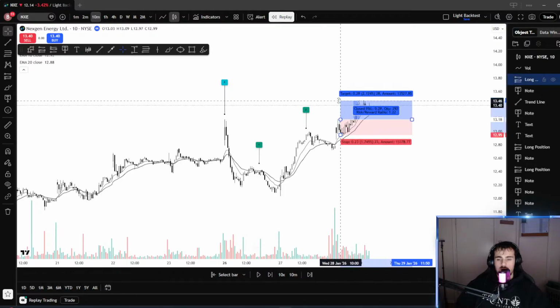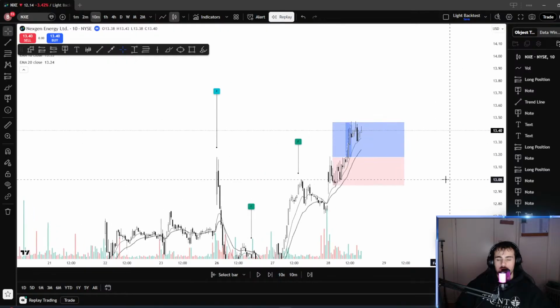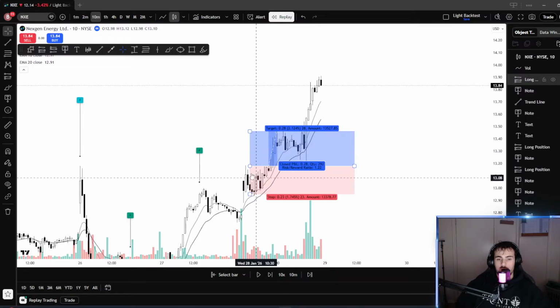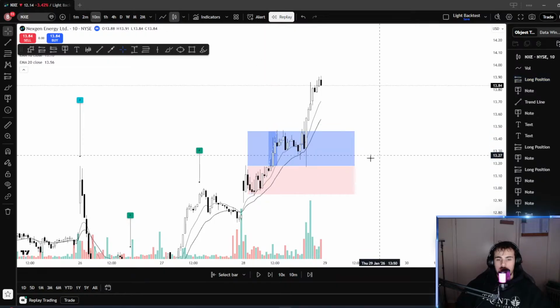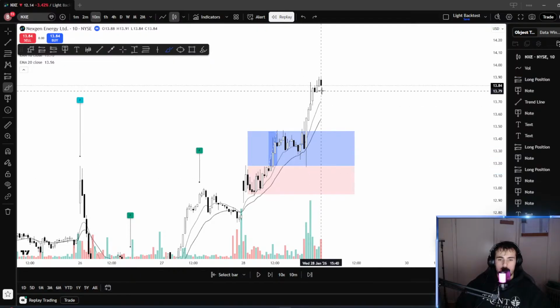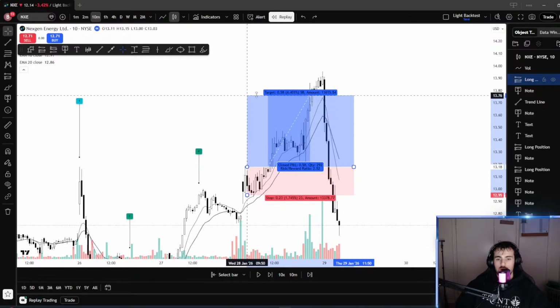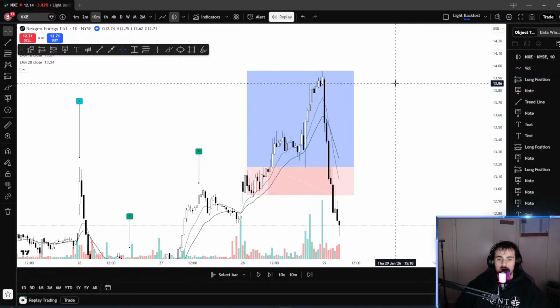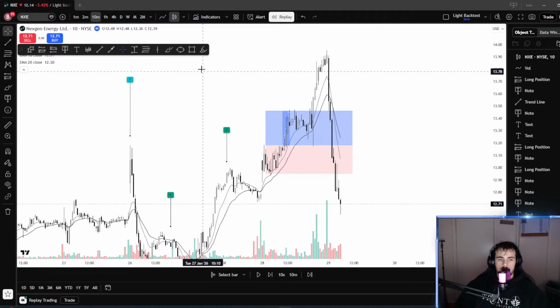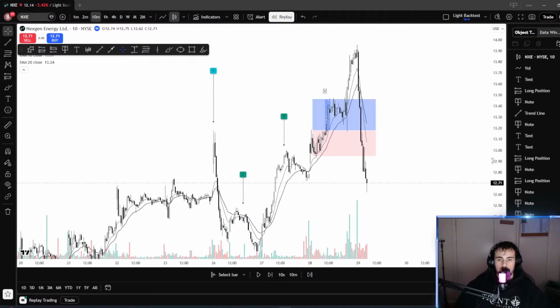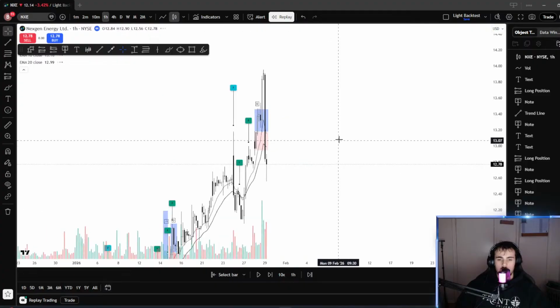So this would be a break even. We would move to break even at 1 to 1. Oof. And then takes us out right here. And then just takes off right away. This trade would have been a break even anyways, whether it took me out there or not. So that's a break even. Cool.